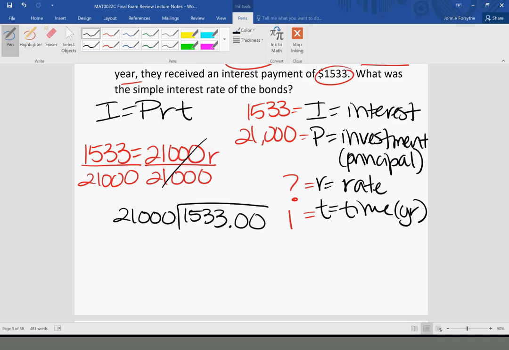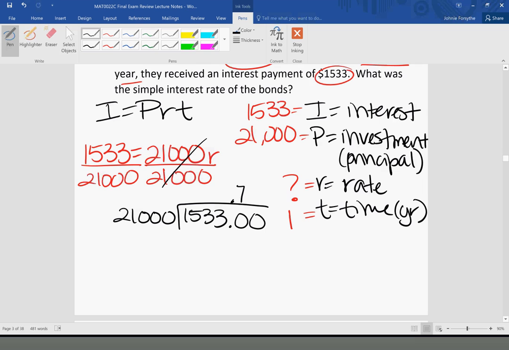So let's think. 20,000 times 5 is 100,000. We're looking at 150,000. So 100,000 plus another 20,000 would be 120. That's 6. 140, that'd be 7. Let's start with 7.